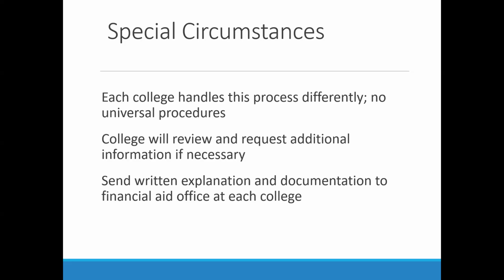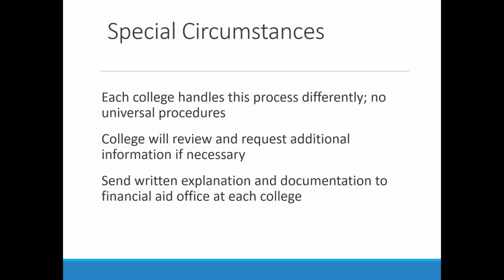So we will ask for documentation. And this could be a back and forth process. You may provide documentation when we may review it and then ask for additional things. So you'll just want to make sure that you are in contact with the financial aid office. We're going to review and, like I said, request additional information if necessary.